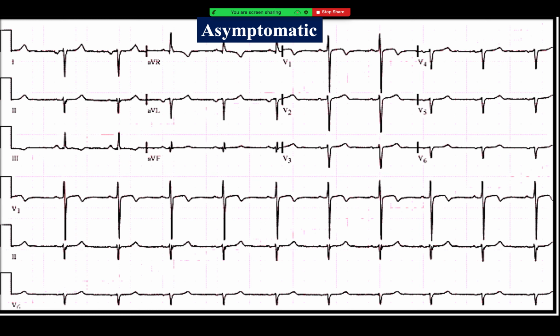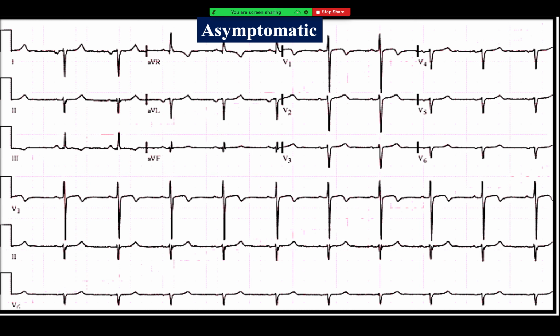So what do we start noticing? I want to give you time of at least 2 minutes. Think about it and tell me. See, I'm not interested in the diagnosis. It's okay, it doesn't matter if you don't tell me the diagnosis, but at least tell me the findings.